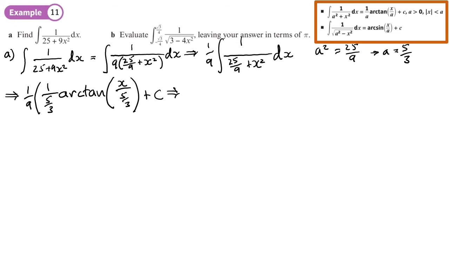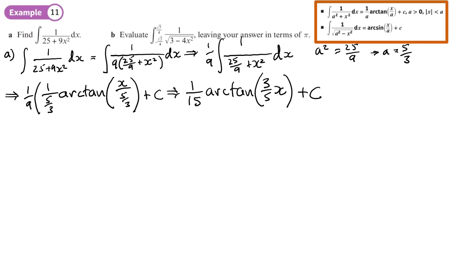So that's going to be 1/15. So 1/15 arctan x over 5/3, which is going to be 3/5 x, plus c. So that's it. Very straightforward once we know we can use those standard results.